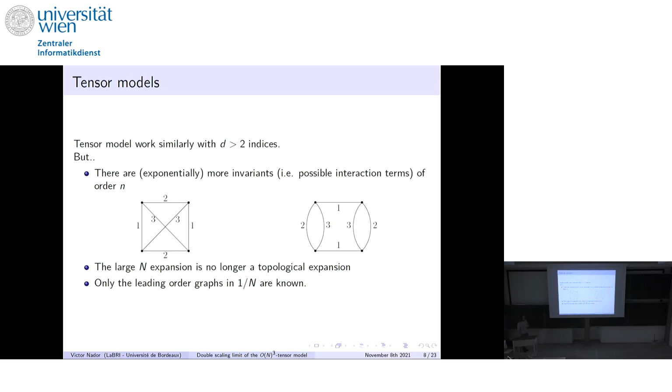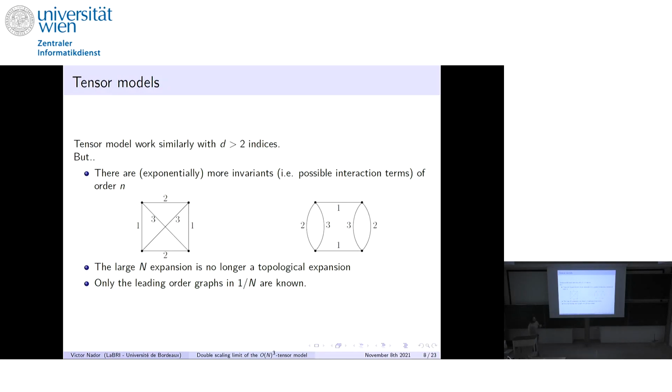Okay, so now that you have a rough idea of how matrix theory works, how does it work with tensors? Well, mostly the same, except that obviously we have lost a few things by increasing the dimension. So first of all, there are many more invariants of order n. Here, for example, I have drawn the two quartic invariants that will appear later on.